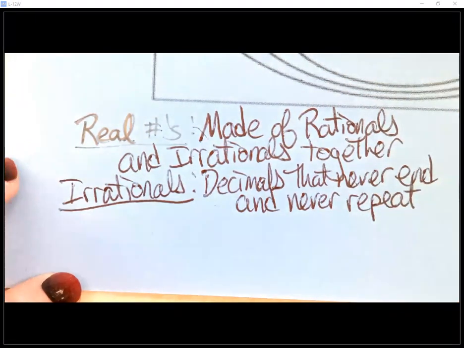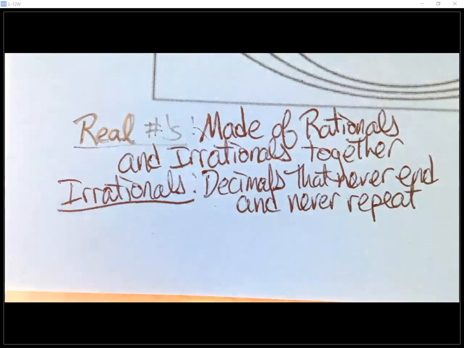That's what makes a number irrational. If you call a person irrational, you're saying, hey, you're being irrational, you're not making any sense. It's a little chaotic here. That's the same thing as an irrational number. They're chaotic. They just keep going forever and there's no pattern.